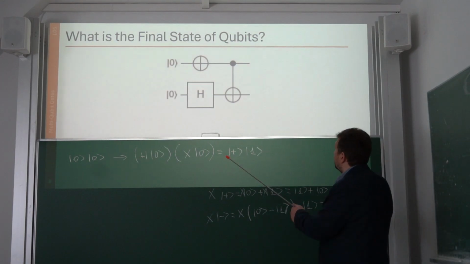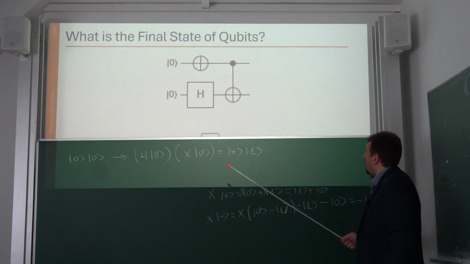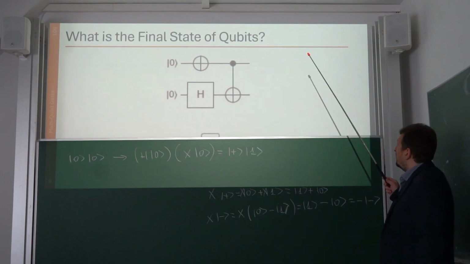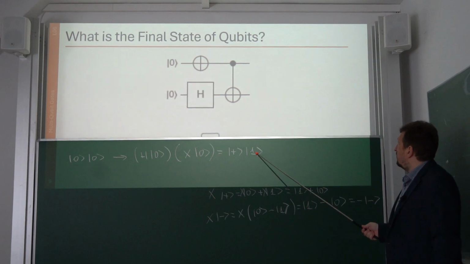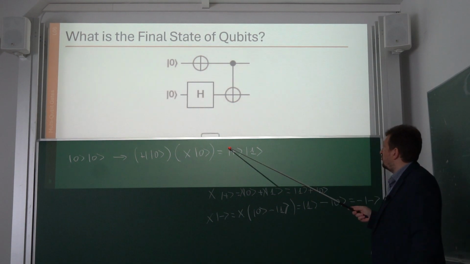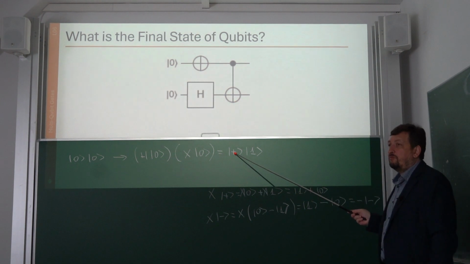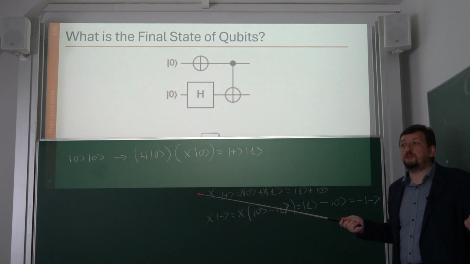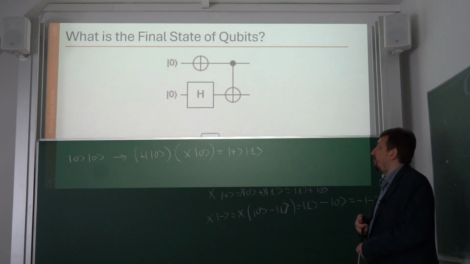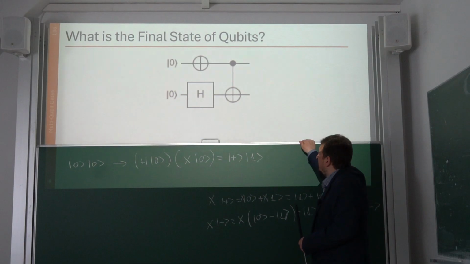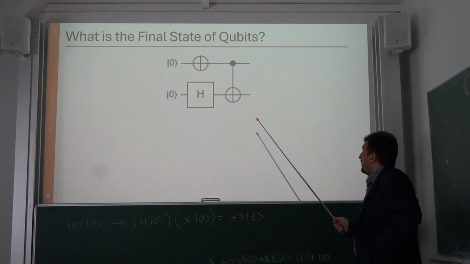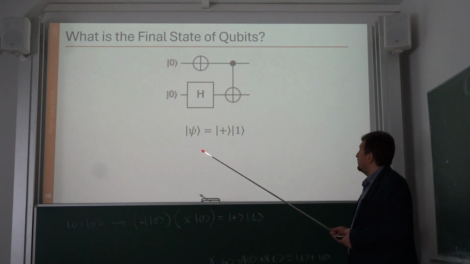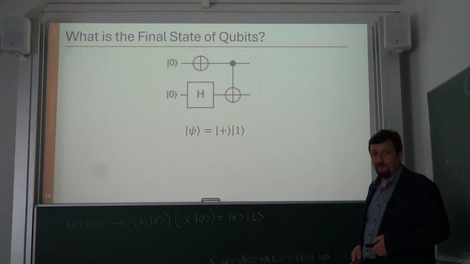Okay, but here we have this situation, so we have plus 1, and so the control qubit is in state 1, so we apply the X gate to this qubit, but this plus state does not change upon application of the X gate, so the result here will be the same as before the CNOT gate. So this is just plus 1.